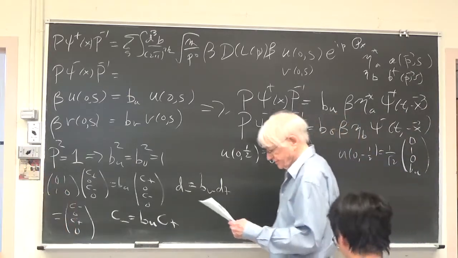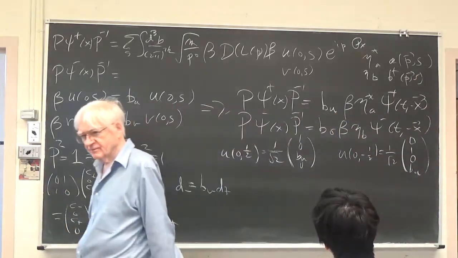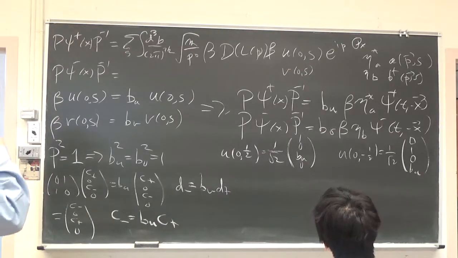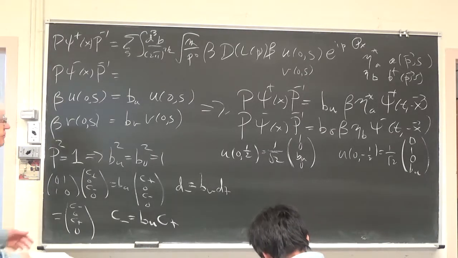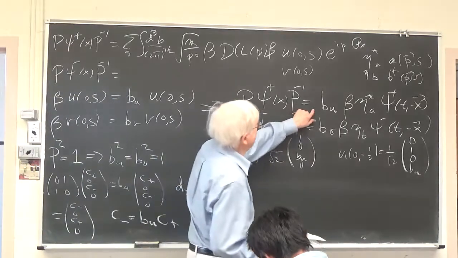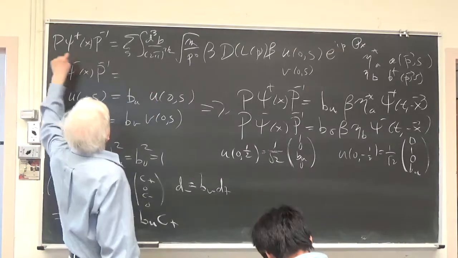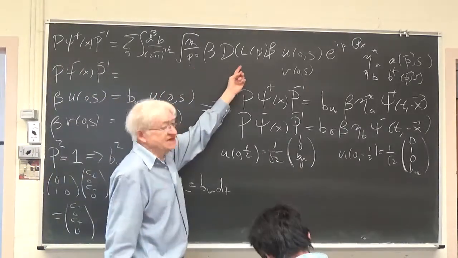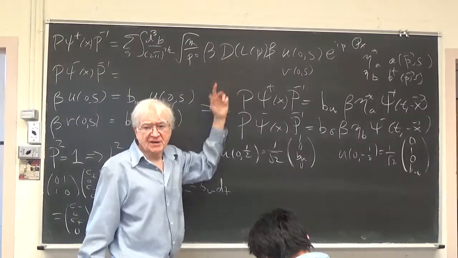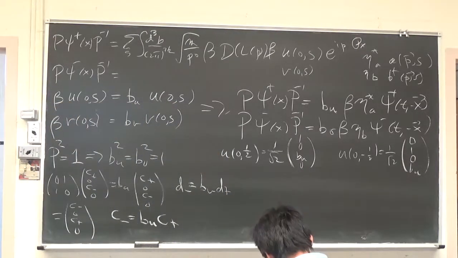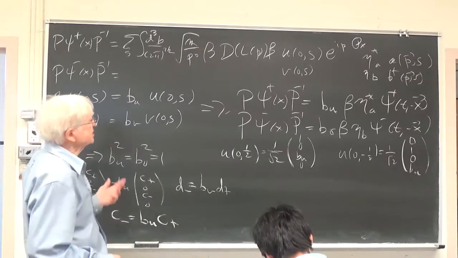And where did the BU and BV come from? How do we know that they first came in over here? You see, under parity, this turns the field into this. And we want the field to turn into something that will commute or anti-commute at space-like separations with itself.